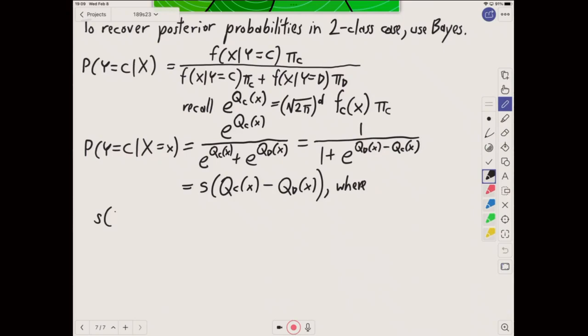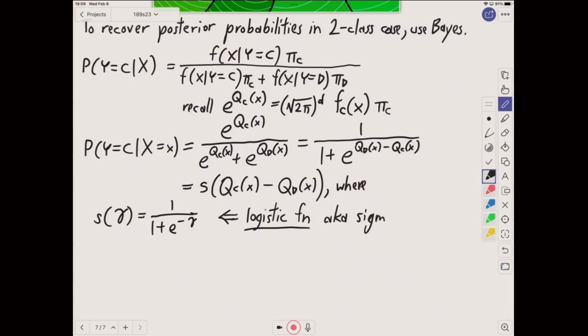That's right, sigmoid, also called the logistic function. For now we'll call it the logistic function, but especially when we get to neural nets, we're going to tend to want to call it the sigmoid function instead. And the sigmoid function is a pretty famous function.